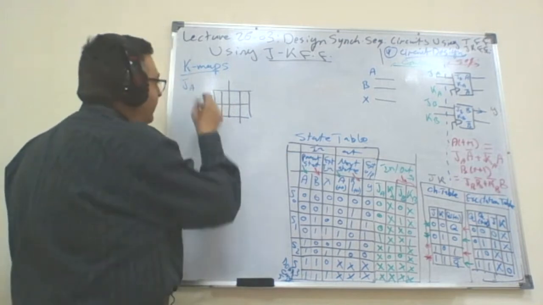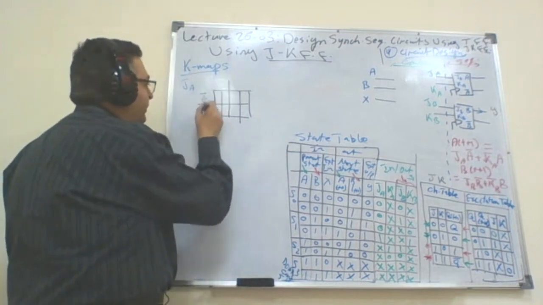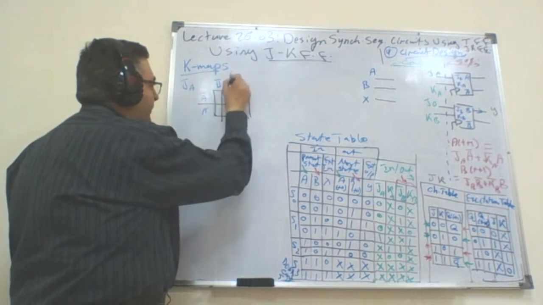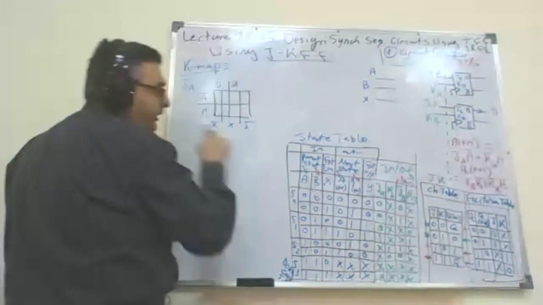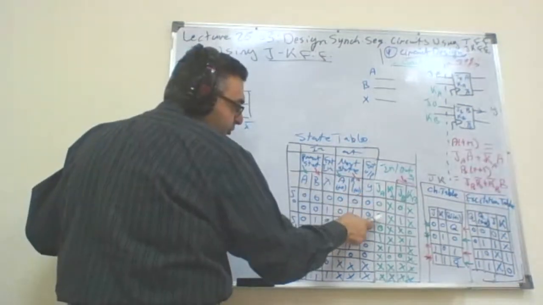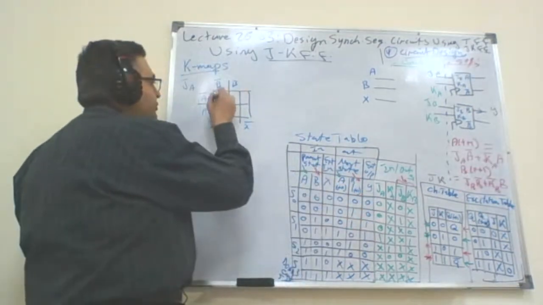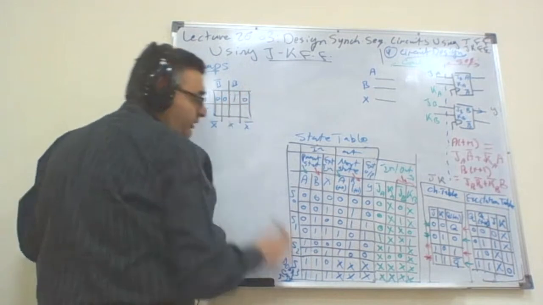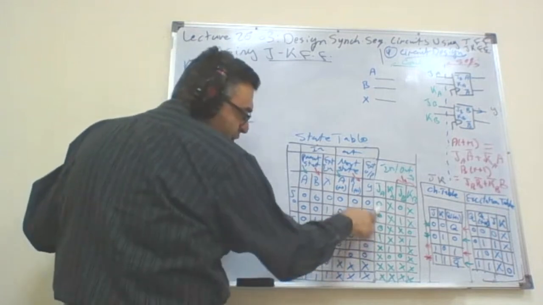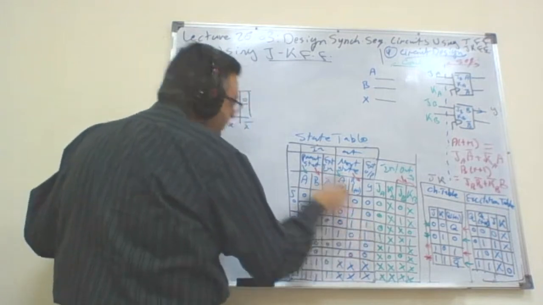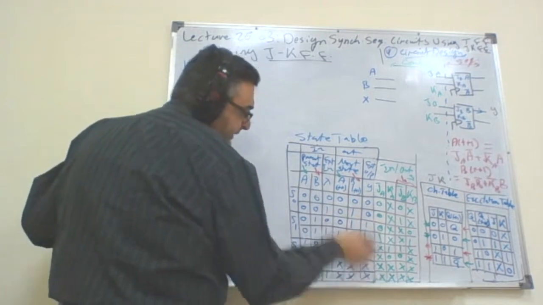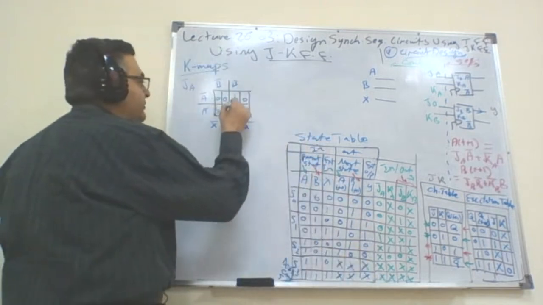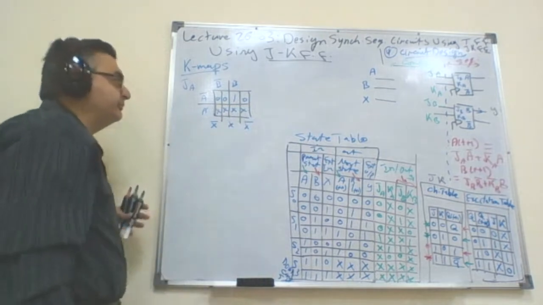For JA, I have A bar A, B bar B, X bar X. For JA, I have 0, 0, 0, 1, 0, 0, 0, 1, and then X, X, X, X, X, X, X, X.